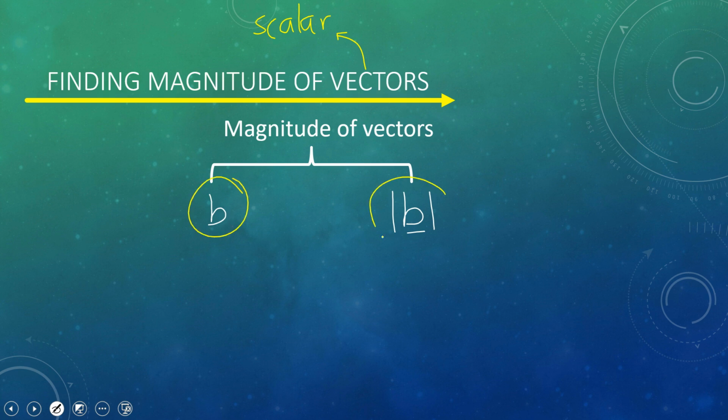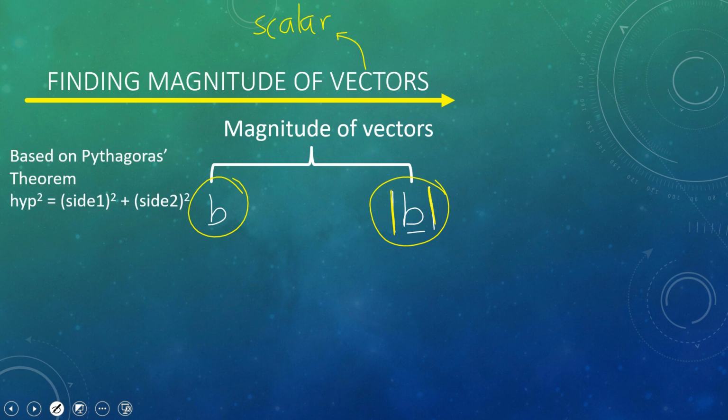There is an underline here, but then the modulus sign, the two vertical lines, tells you that you are finding the magnitude of the vector. It's not very difficult because all you have to do is use Pythagoras' theorem to work out what the size of the vector is. So, just to remind ourselves, Pythagoras' theorem is: hypotenuse squared equals side 1 squared plus side 2 squared.